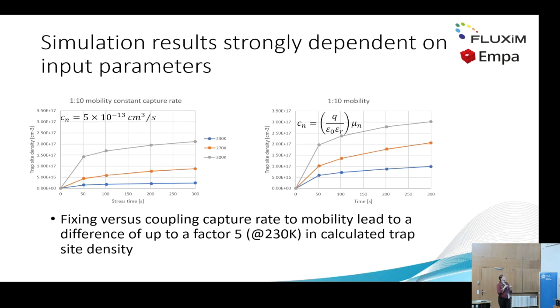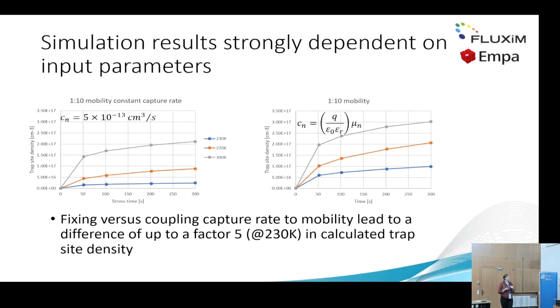And we also fix the capture rate to 5 times 10 to the power of minus 13 centimeter cubed per second. And in another simulation, we take the same mobility, but we calculate for each of the mobilities the associated capture rate. Now, when we do that, what we can see is that we have an increase in trap sites we have to add in our simulation. That is up to a factor 5 higher than in the case where we have a constant capture rate.